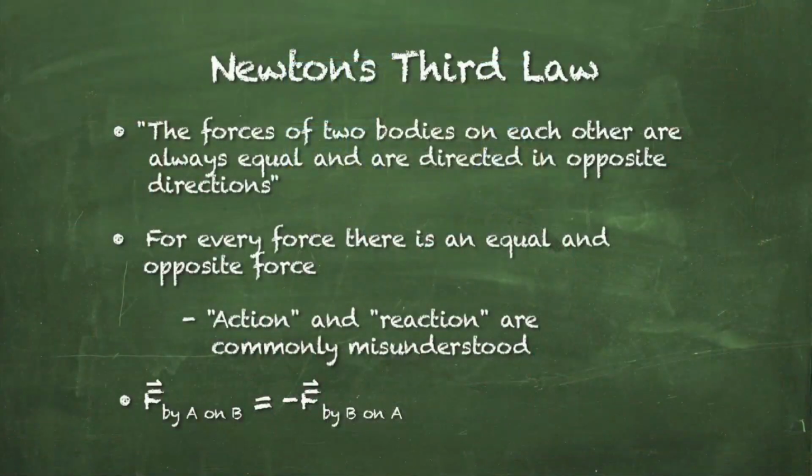So finally, we can express Newton's third law with an equation. That's our procedure here. We put everything in an equation so that we can apply it mathematically to our models.